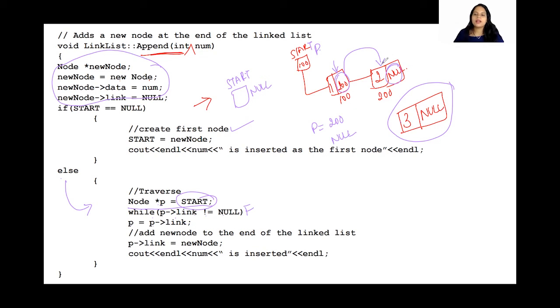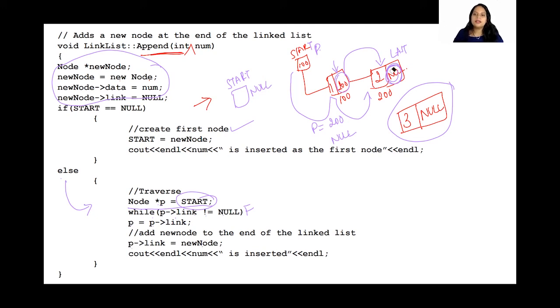Once it is false, what is going to happen? Basically, what we are doing is creating a node P in order to traverse each node until I reach the last node. So when I get null, this is nothing but my last node, isn't it? Once I get my last node, I'm going to say that P link is equal to new node.